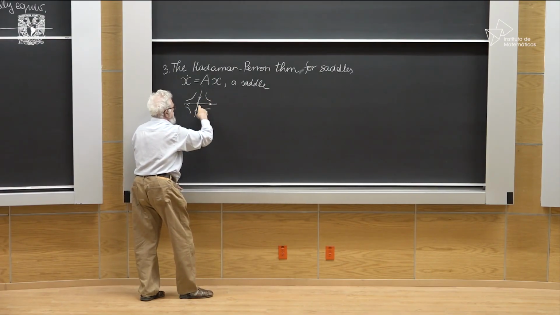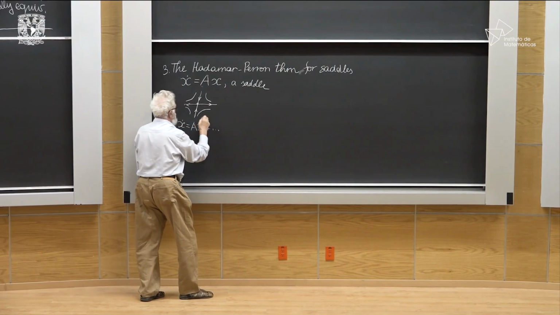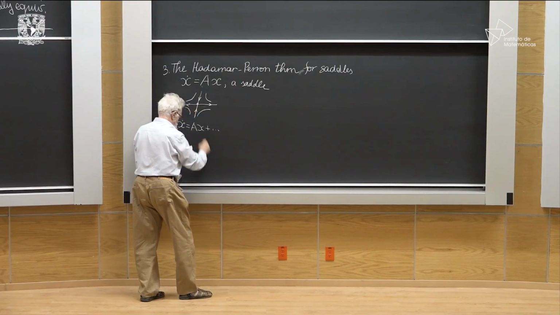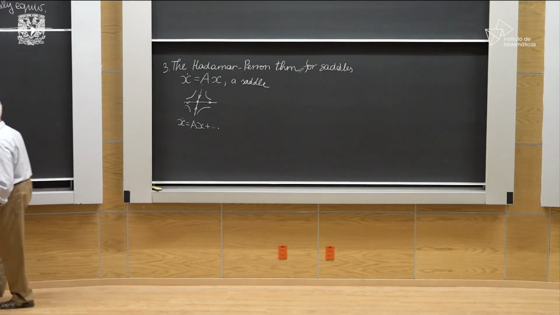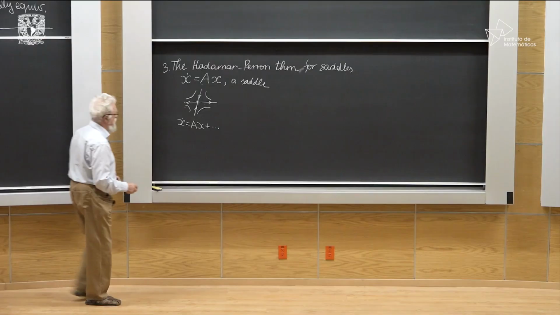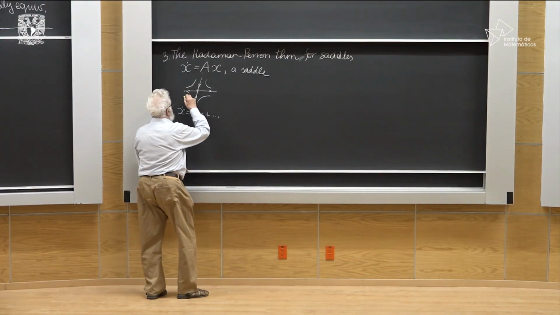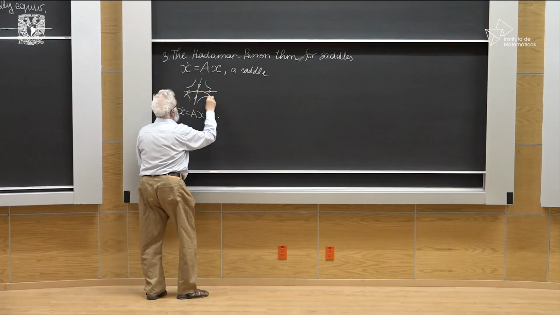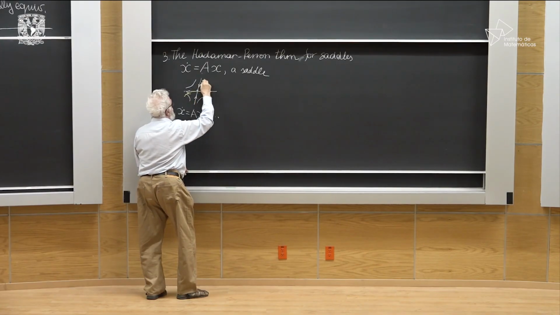Adamar-Perron theorem says that in the nonlinear case, the invariant curves still exist, but they are not the straight lines, they rather are tangent to the separatrices of the linear part at 0.